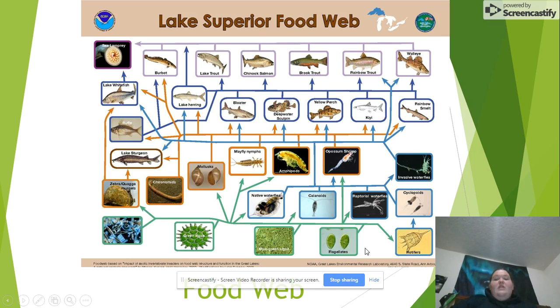So the rotifers are going to go to the cyclopods, and it's just going to keep going and going all throughout this entire web. It can get very difficult to follow in some of them, but they also have the same different levels. It's just that different organisms can play a different role depending on where they are in the food web.